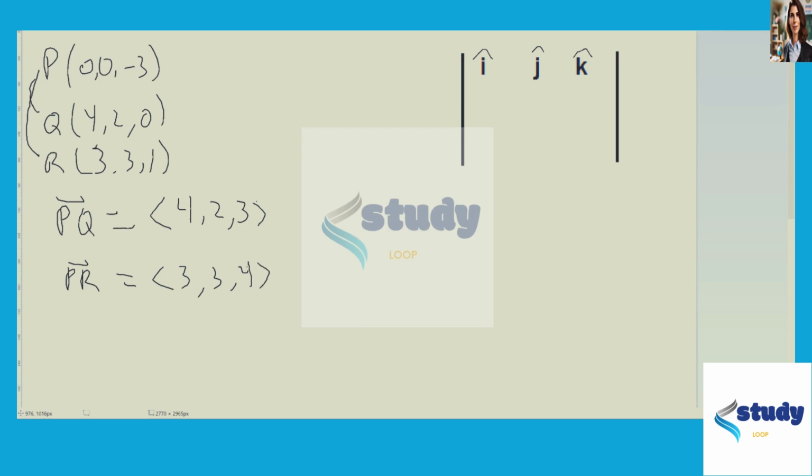We can plug these vectors into our matrix here, 4, 2, 3, and 3, 3, 4, and then use the technique outlined in our textbook to find PQ cross PR.